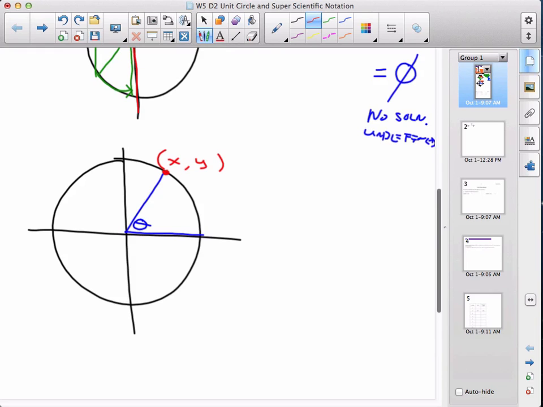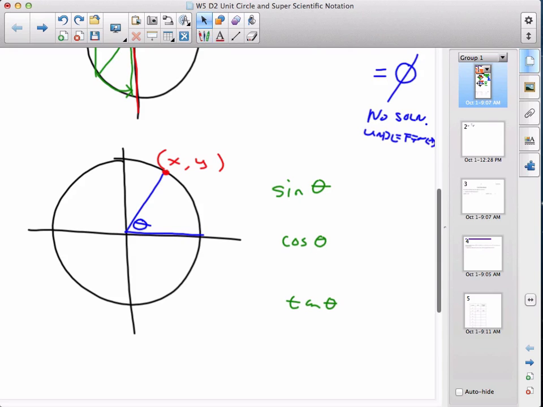So how might I go about evaluating the sine of theta, or the cosine of theta, or the tangent of theta? What information here is relevant to those three, and why?